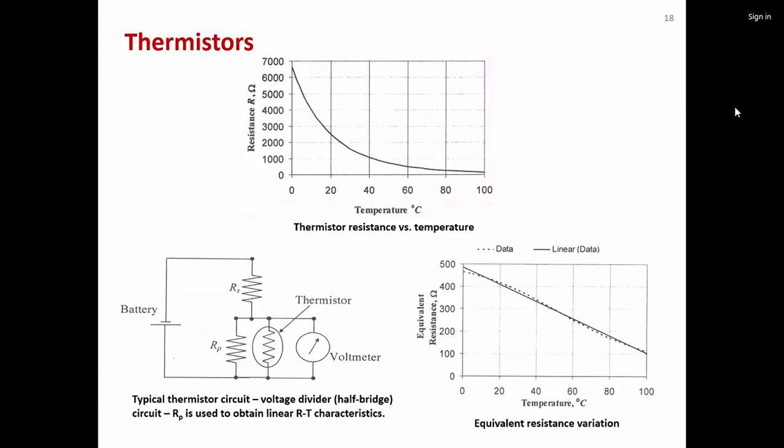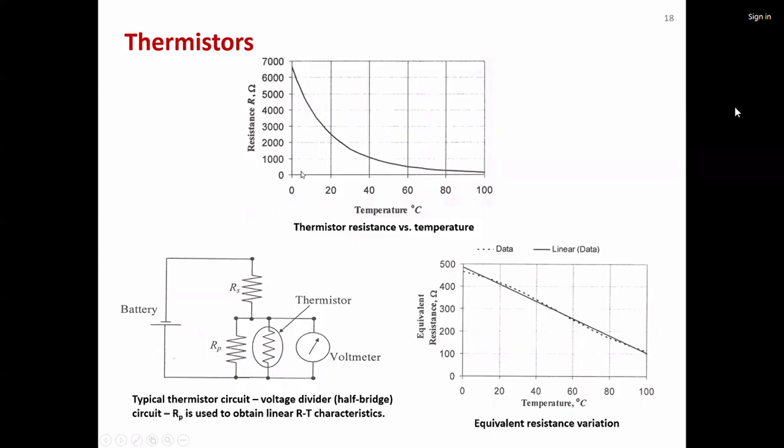I could not gather this point, that by adding RP, we will be able to achieve the linear characteristics of the system. You can imagine, like, you have a decaying curve, right? If you have a resistance which has a characteristic something like this, you can imagine that these two are in parallel, right?